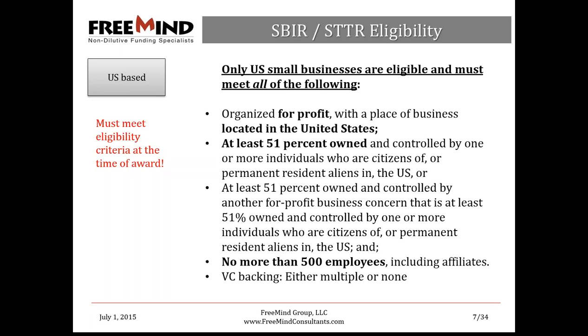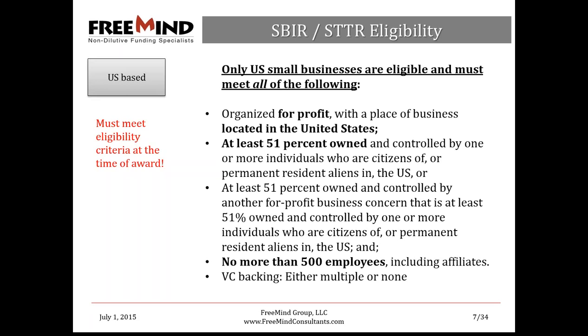And this is new, relatively new at least. This was changed in 2011 regarding VC backing. In the past, if you had VC backing, you were not eligible across the board. And the NIH, which is one of the major funders, actually changed that in 2011 as part of a few reforms they made that were intended on making their SBIR programs a bit more approachable for small businesses.